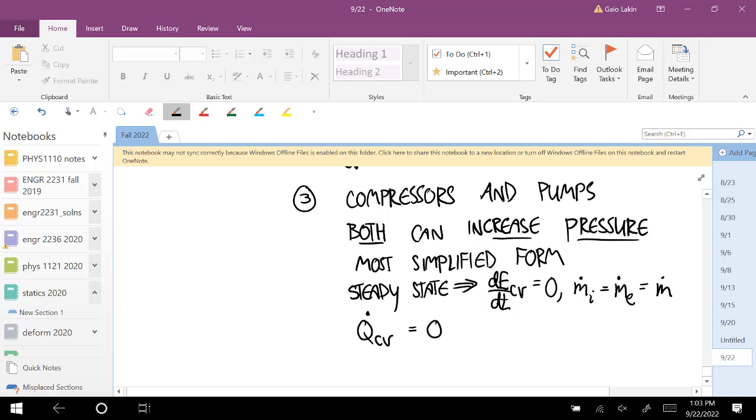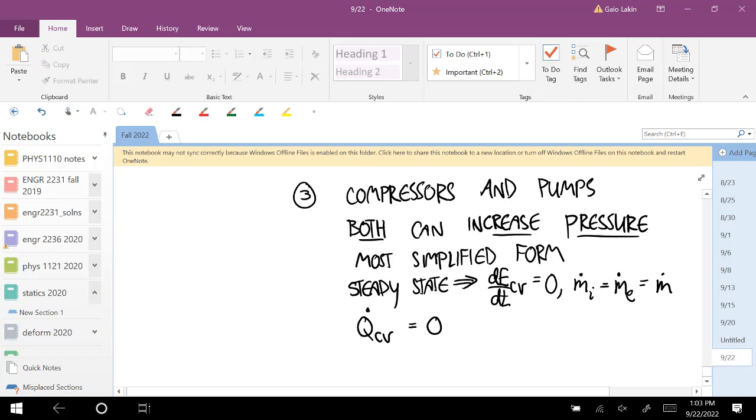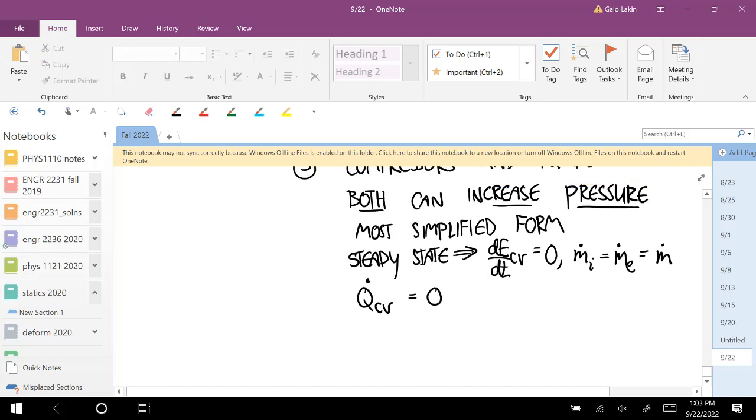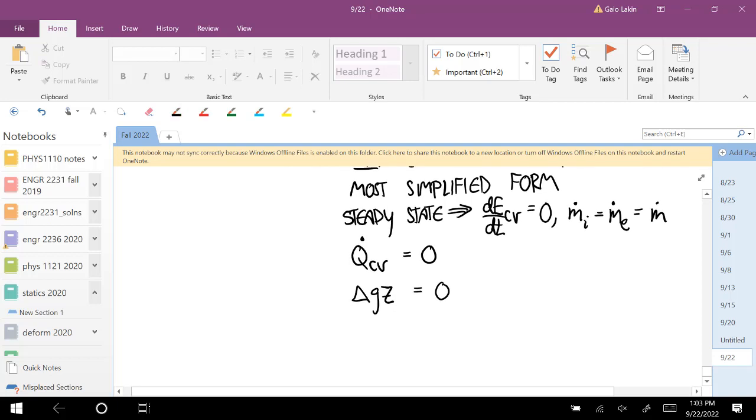If we're talking about pumps increasing pressure, then we're going to assume that there's no change in height. So the change in gz is 0. And also the change in speed is 0.